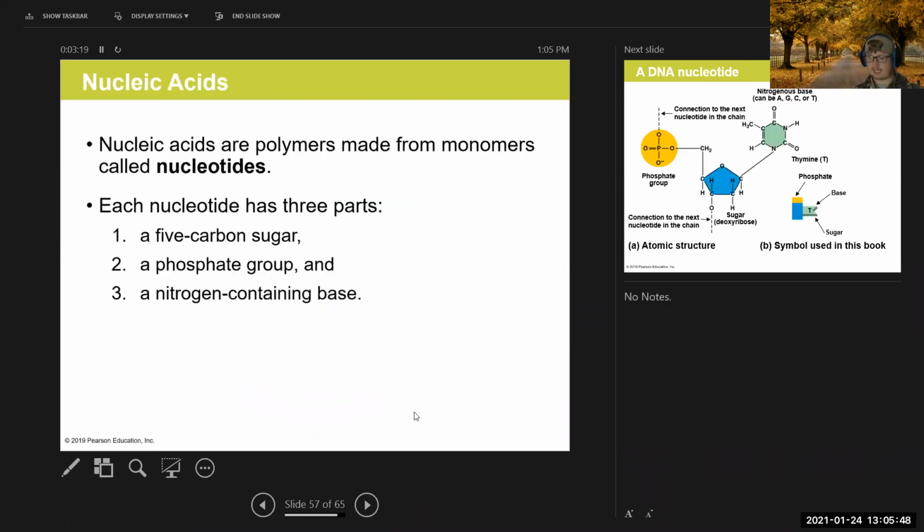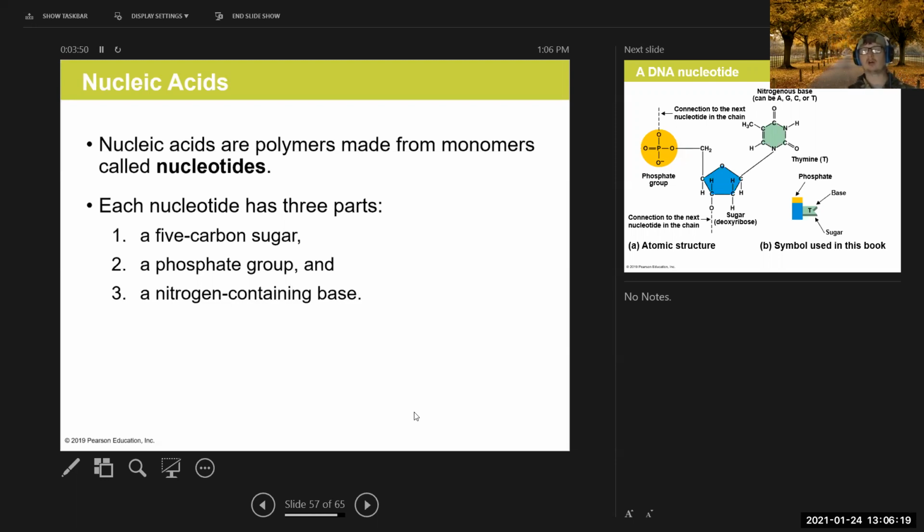And each nucleotide has three specific components that make up that specific molecule. Each nucleotide is made up of a 5-carbon sugar, and that 5-carbon sugar determines whether it's DNA or RNA. So DNA is going to have the deoxyribose sugar, and RNA is going to have the ribose sugar.